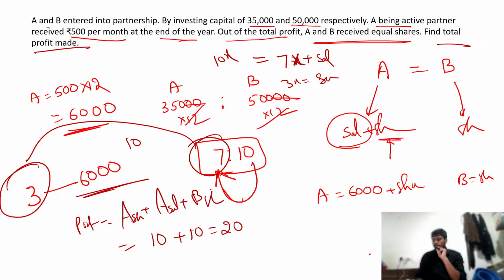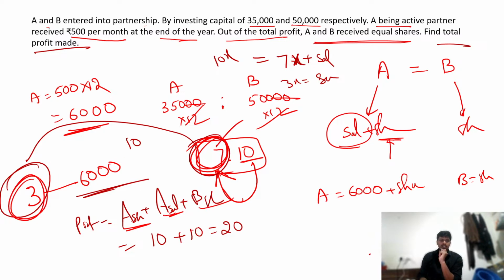So we see, guys, why I am writing this 10 plus 10 here: A's share is 7 units, A's salary 3 units, B's share 10 units. So 7 plus 3 plus 10, you are going to get a total of 20. I know that in my problem 3 units is equal to 6,000, and I want the total profit, which is 20 units, equal to how much? 20 into 6,000 by 3.